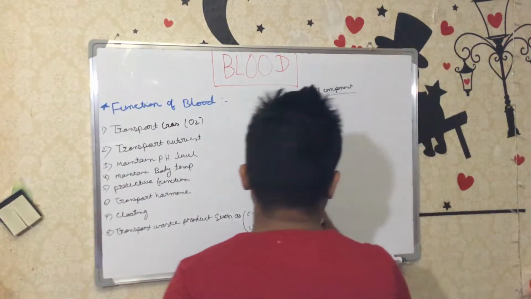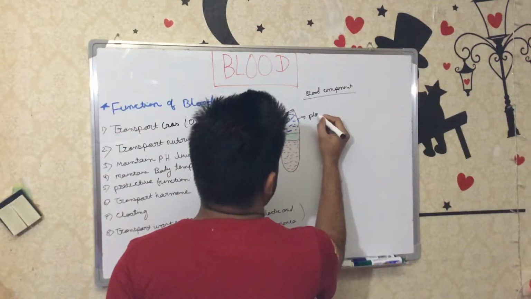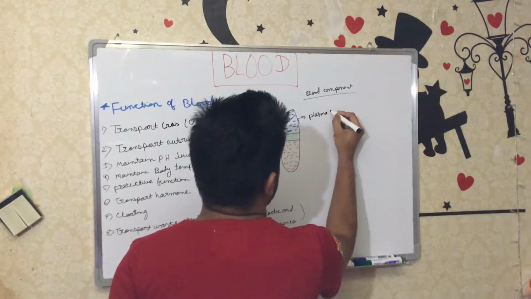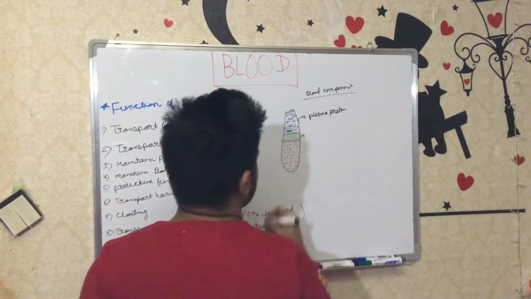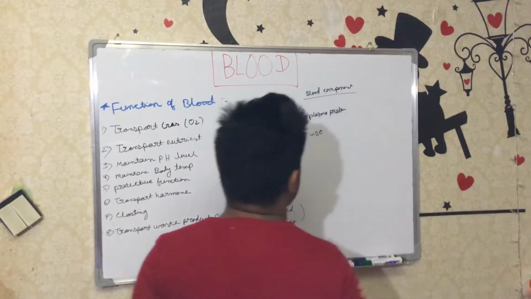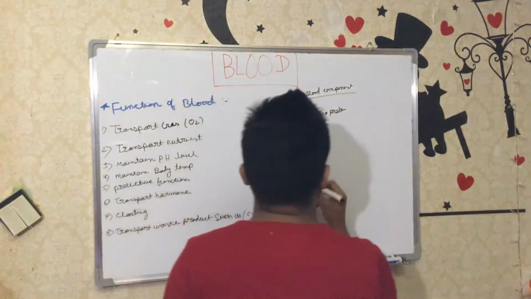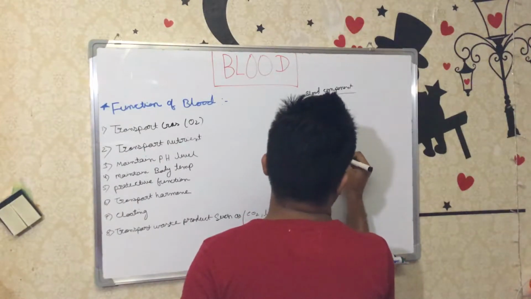You can see that this blue one is the plasma protein. Then the small one is the WBC, which includes platelets and leukocytes. And the red one is the RBC or erythrocytes.